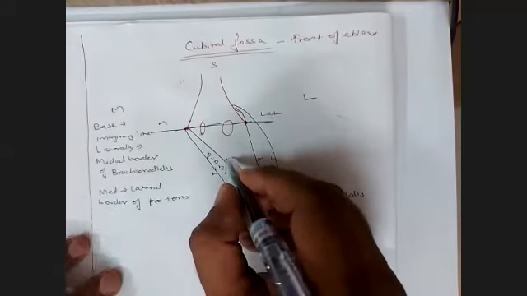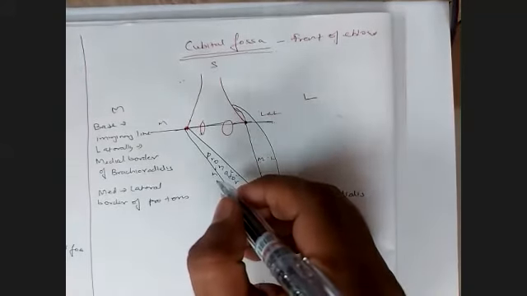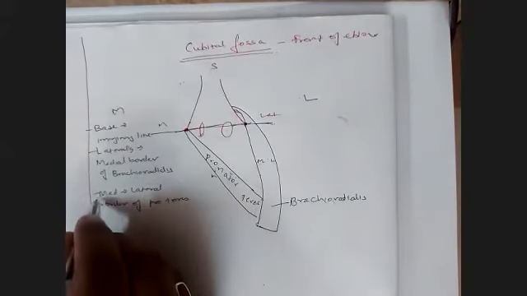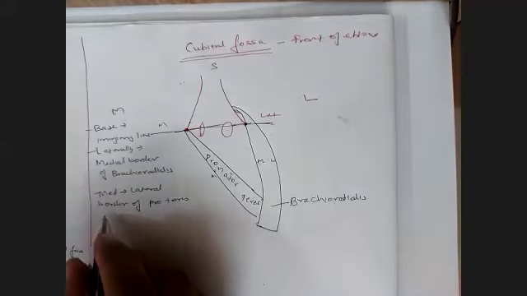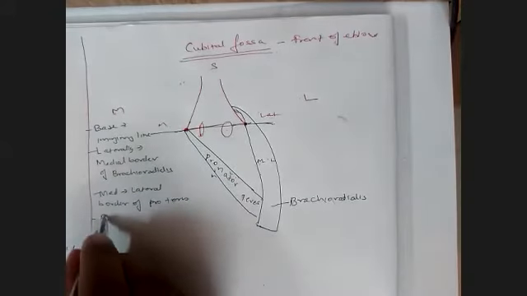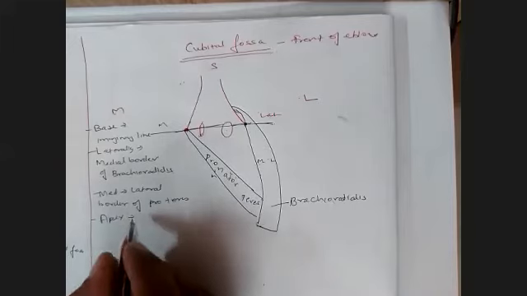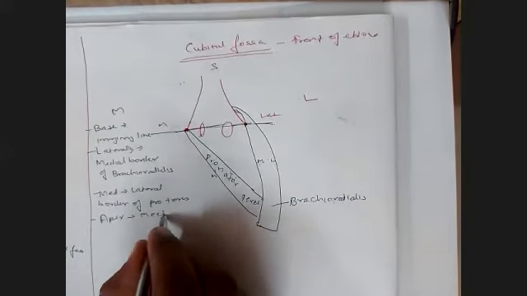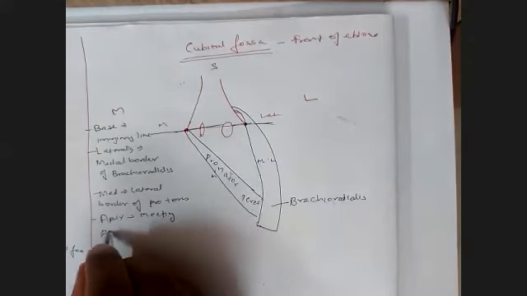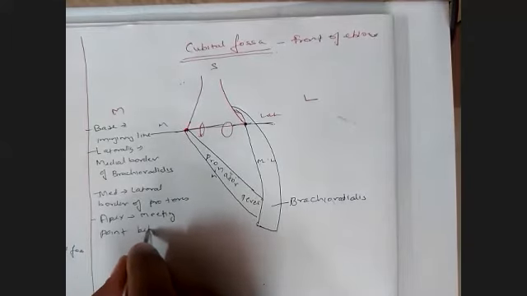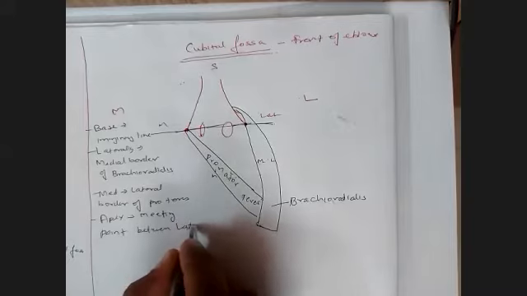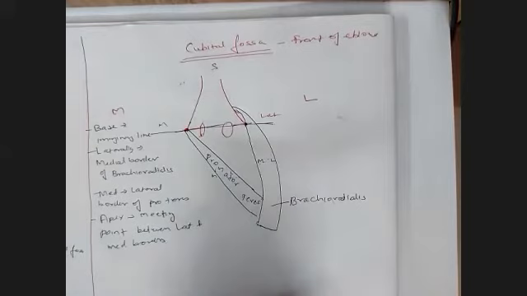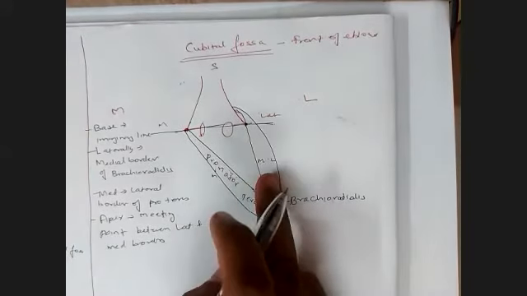And now let us discuss what forms the floor and the apex. Sorry, base, lateral border, medial border, and apex. Apex is the meeting point between the lateral and medial borders.